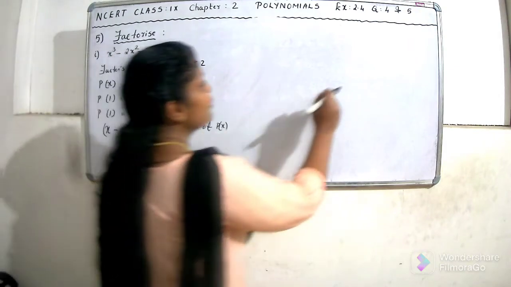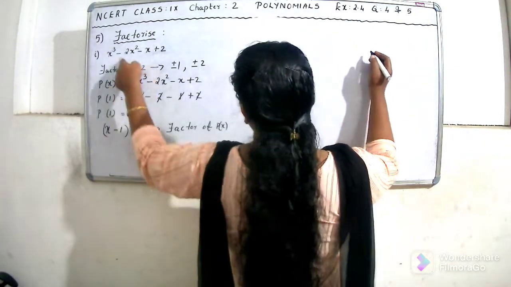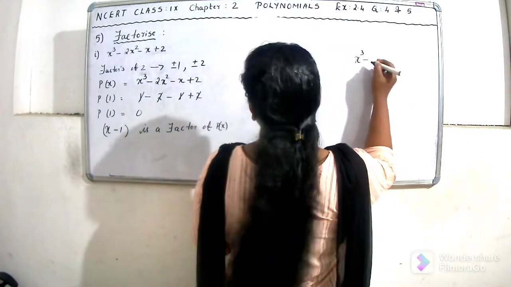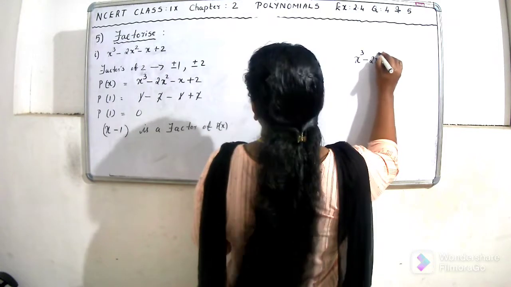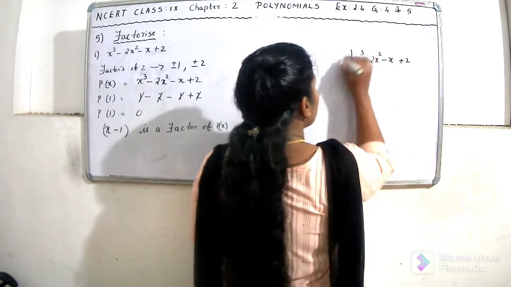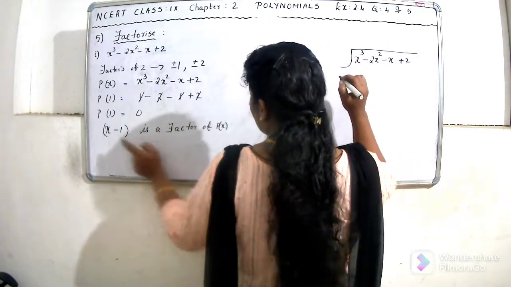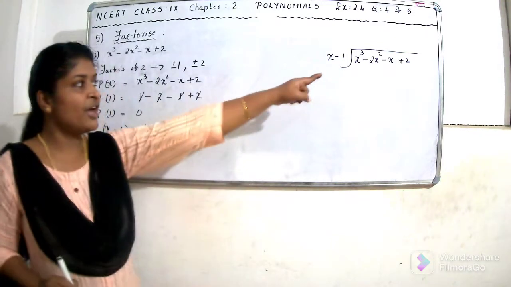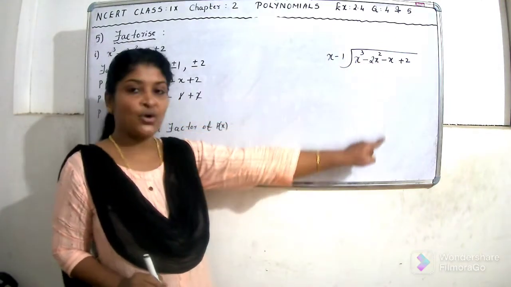For that, what are we doing? We are writing the expression x cube minus 2x square minus x plus 2, and dividing it by our confirmed factor x minus 1. Here we have to use the long division method.